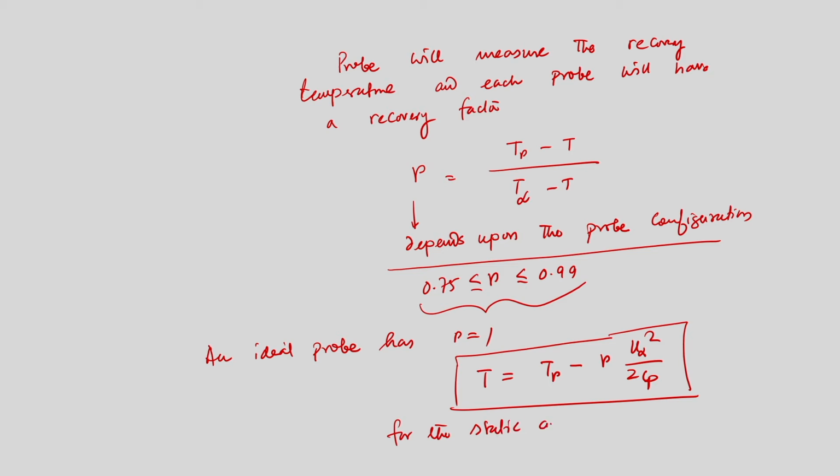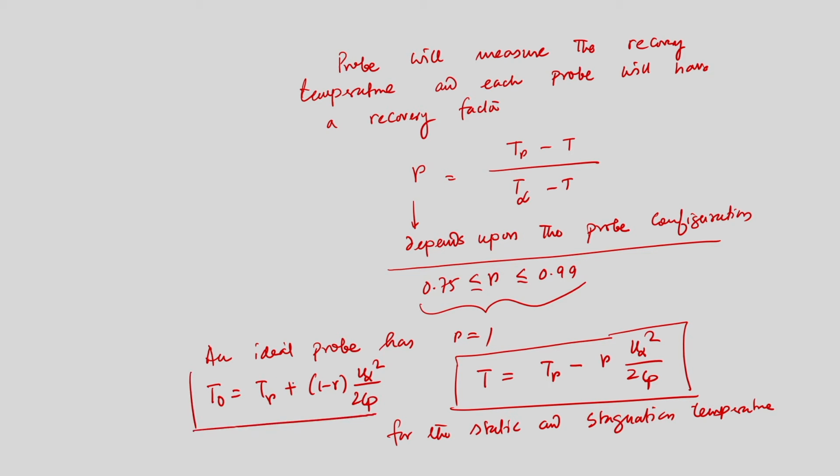and stagnation temperature. So, T R is equal to T plus R into U infinity square by 2 C P, and T naught will be equal to T R plus 1 minus R into U infinity square by twice C P. So, these two formulas are used to measure the static and stagnation temperature.